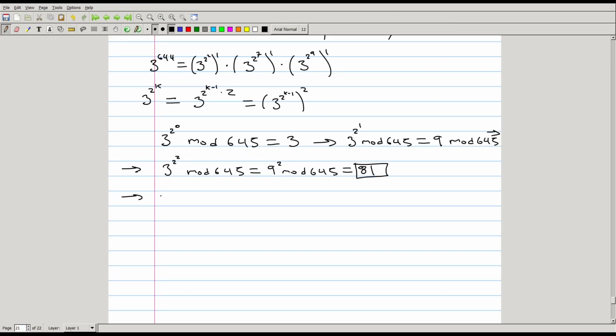And the next value is 3 to the power 2 to the power 3 mod 645, which is going to be equal to 81 squared mod 645, which is 6,561 mod 645, which is 111.